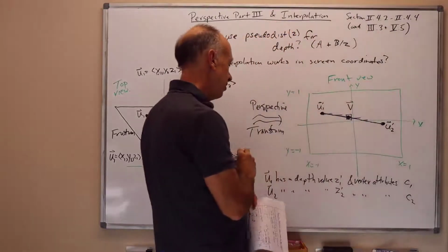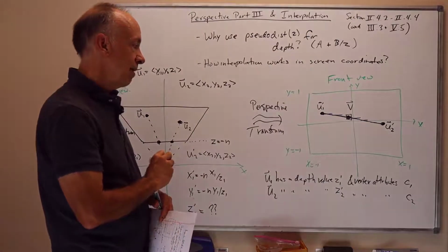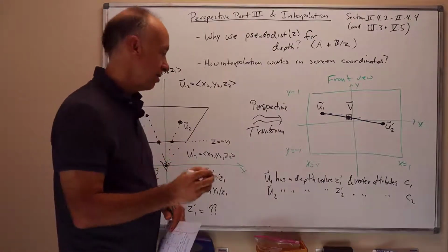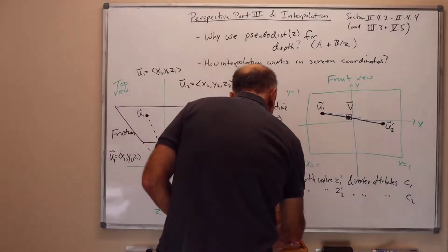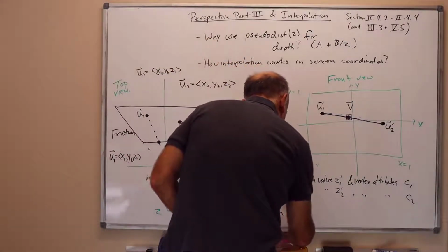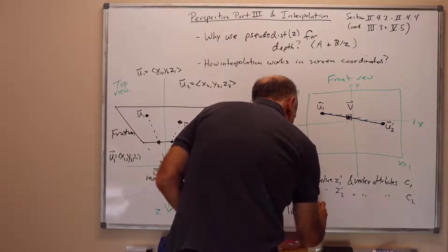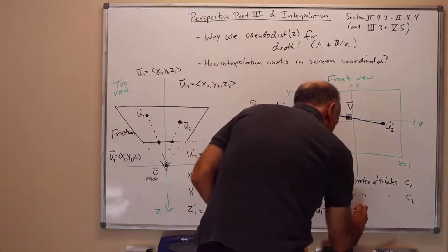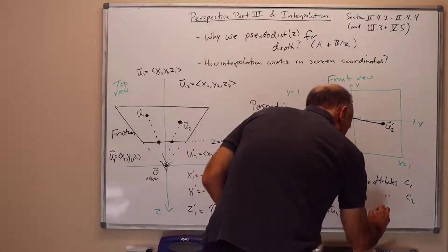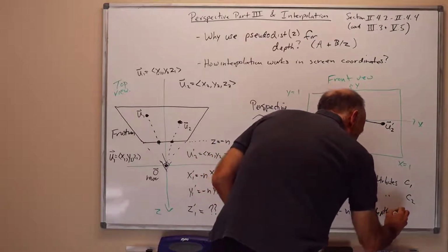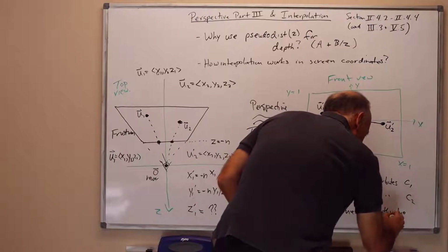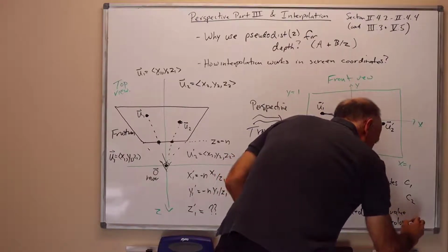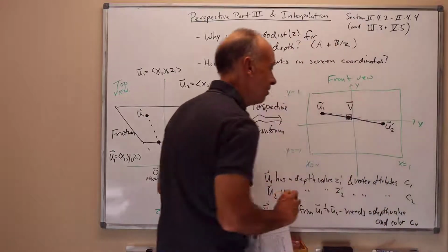So V lies on the line from U1 to U2, and it needs to also get depth values and other attributes such as color. So V on the line from U1 to U2 needs a depth value and maybe needs a color value, for instance, just for example, CV, right?